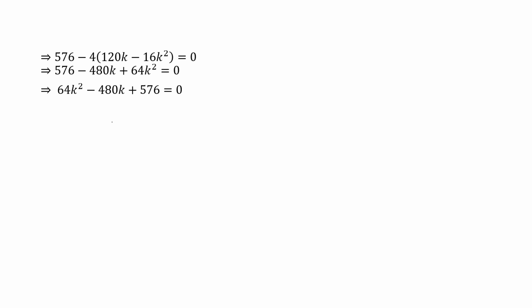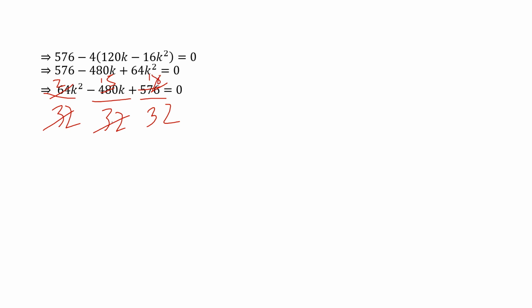This equation can be reduced to a simple form to make it easier to solve by dividing through by 32. Divide this by 32, divide this by 32, and divide this by 32. 32 goes into 64 two times, into 480 15 times, and into 576 18 times.